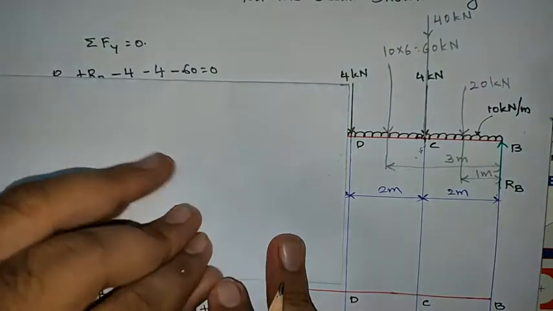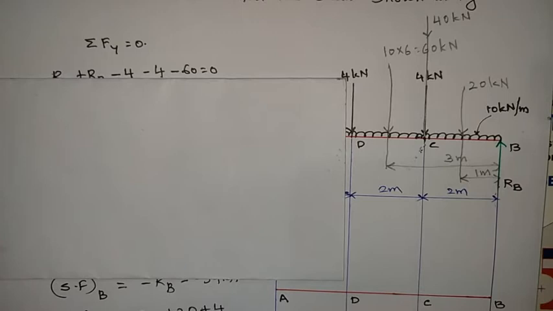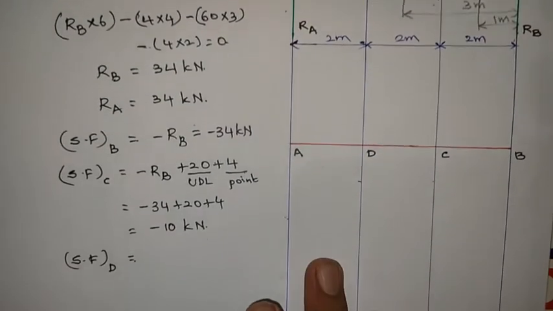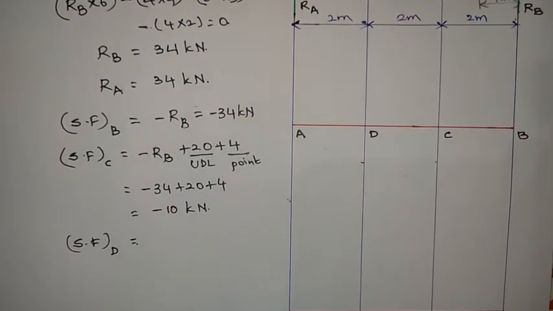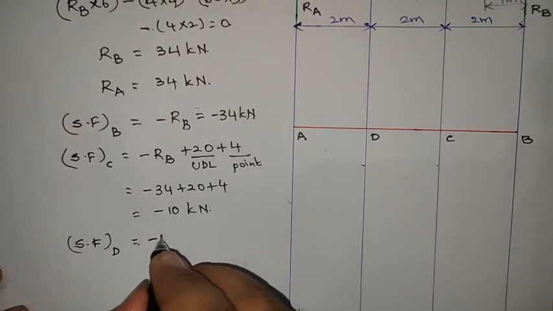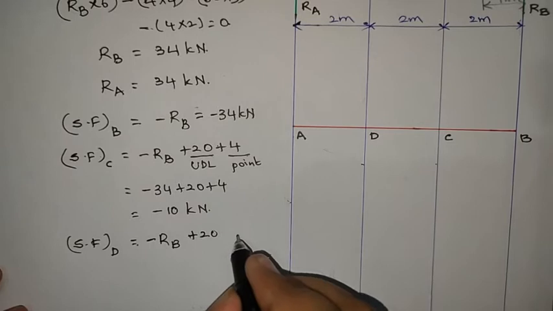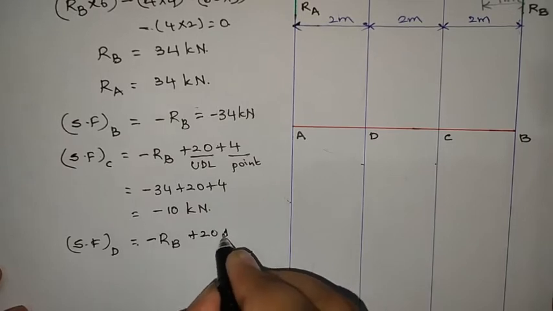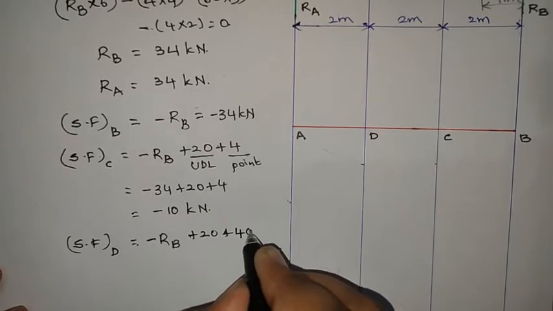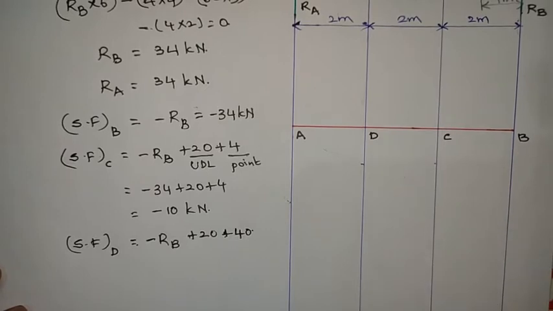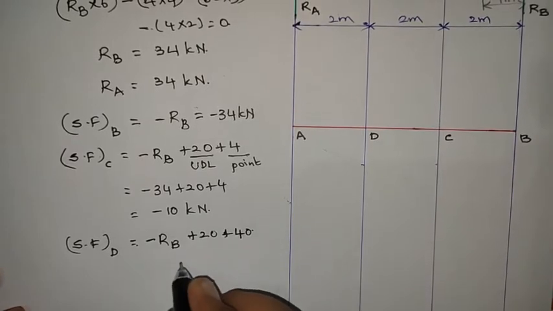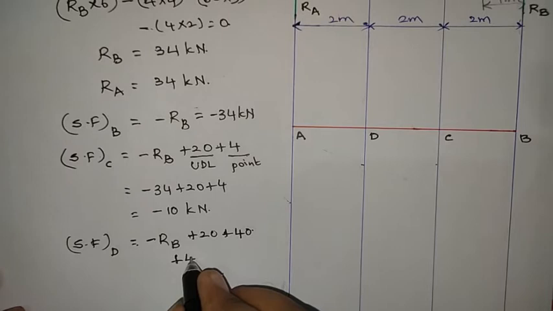Now write the shear force at D equals minus RB plus 20 plus 40 plus 4.